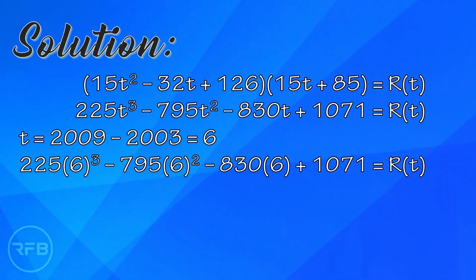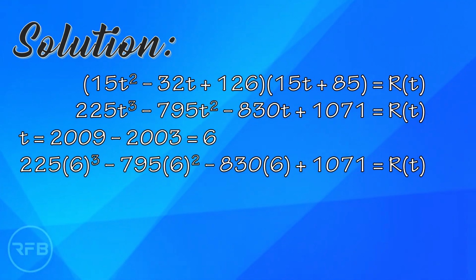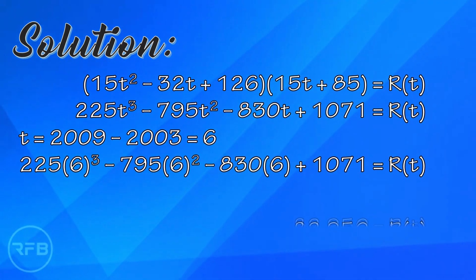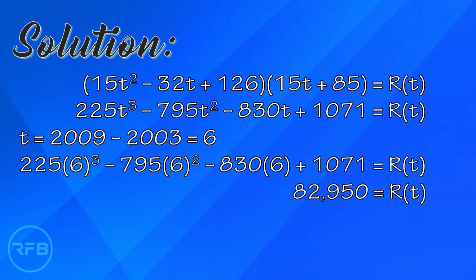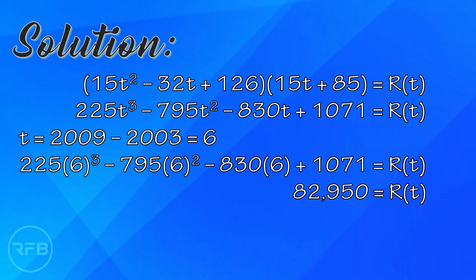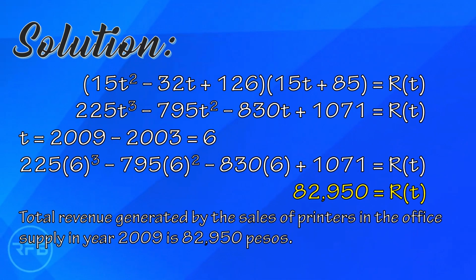Simplifying this, we will have, correct. Our answer is equal to 82,950 pesos. Therefore, the total revenue generated by the sales of the printers in the office supply in year 2009 is 82,950 pesos.